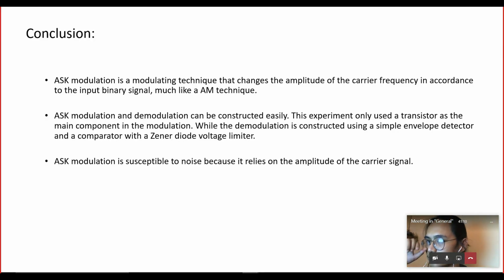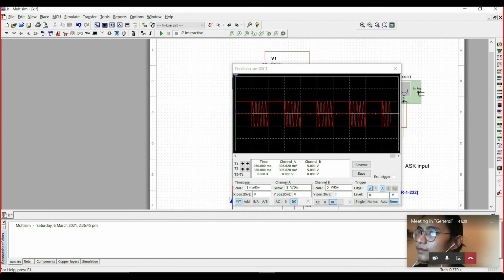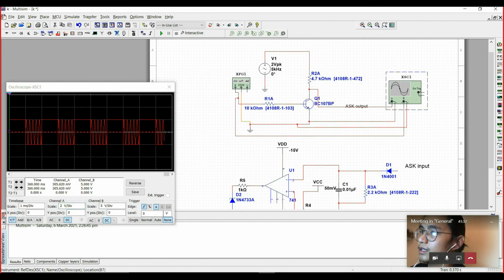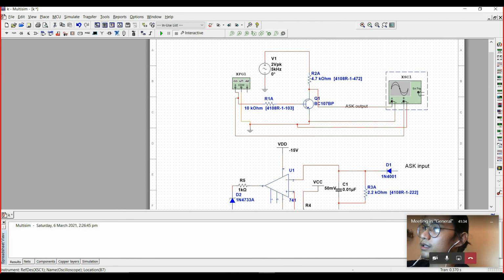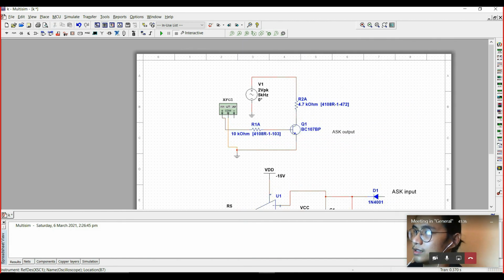So the next conclusion is that ASK modulation and demodulation can be constructed easily. This experiment only used a transistor as the main component in the modulation, while the demodulation is constructed using a simple envelope detector, and a comparator with a Zener diode voltage limiter. Here we can see that the modulating circuit is just a transistor which acts as a switch.